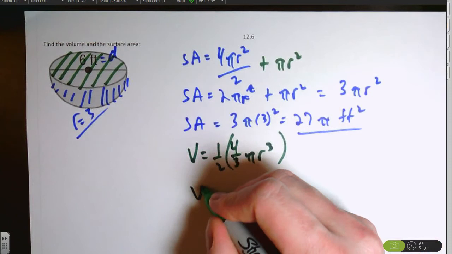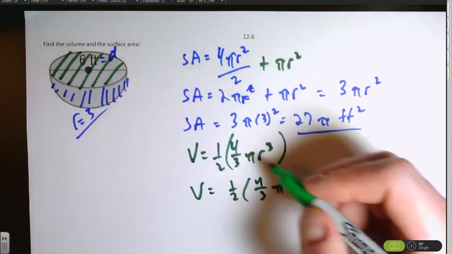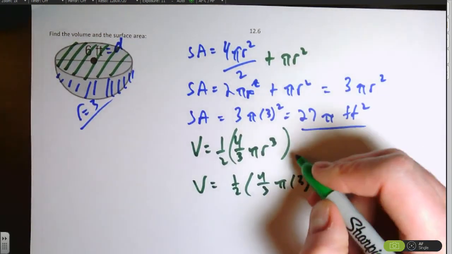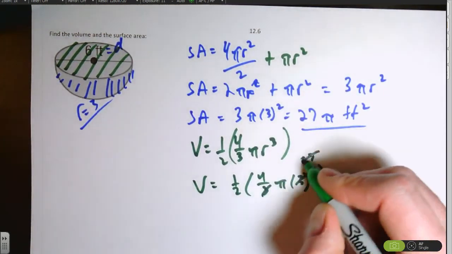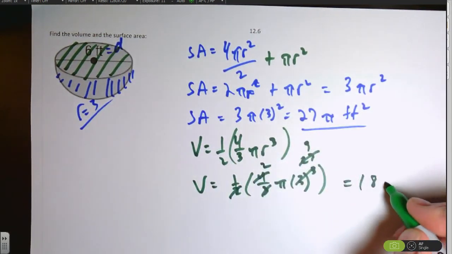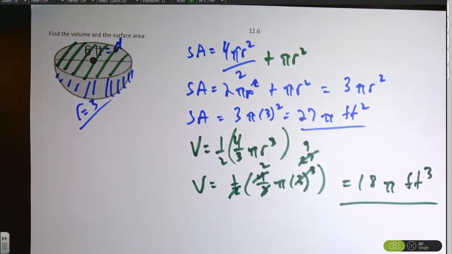So that's going to end up being 1/2 times 4/3 pi times 3 cubed. Well, 3 cubed is 27. That's 9. It's 2. 18 pi feet cubed for our volume.